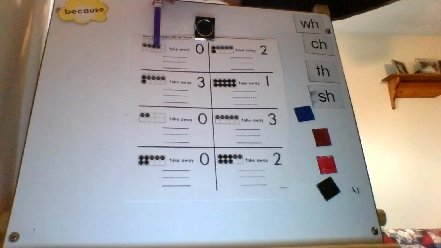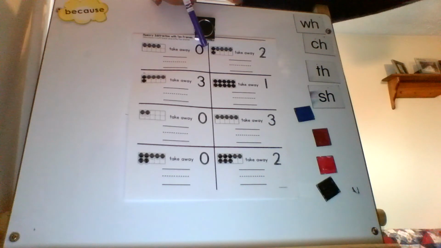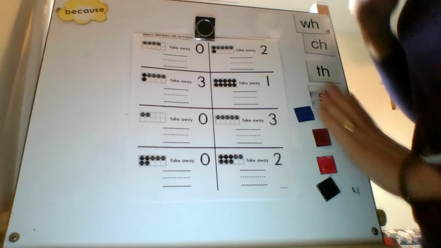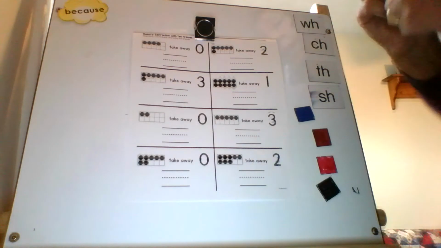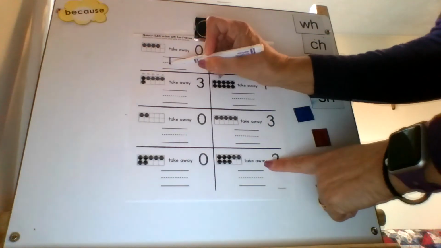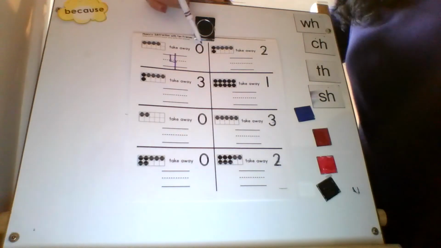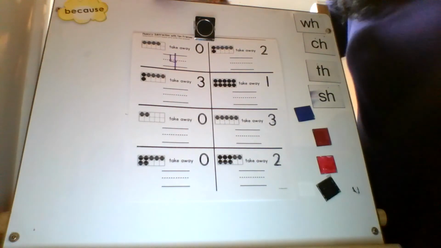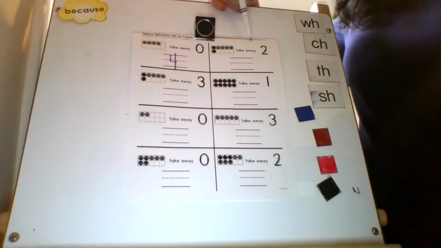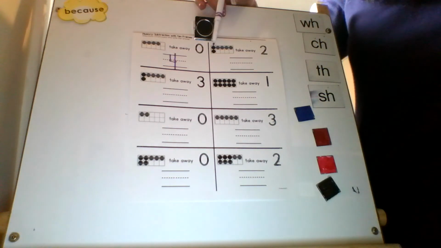4, take away 0. So I have 4, and I didn't take anything away. So what do I have? Yeah, I still have 4 left because I didn't take any away. If I go to the one next door to it, let's see if we can figure this out. 5, 6.